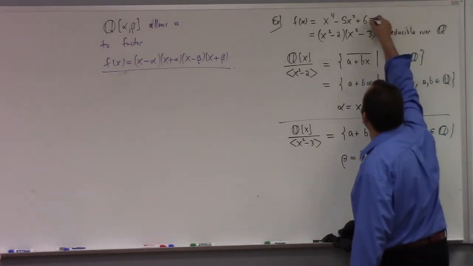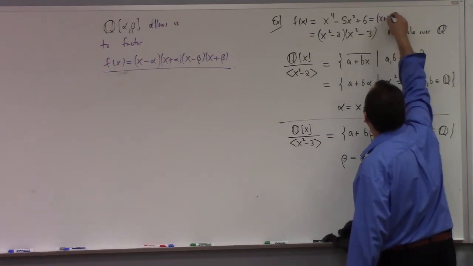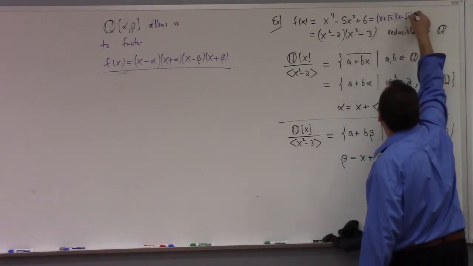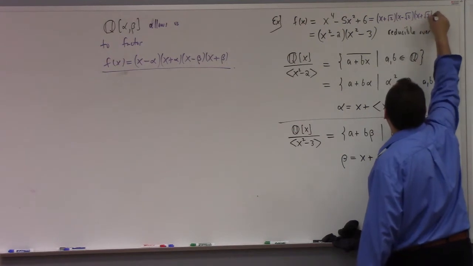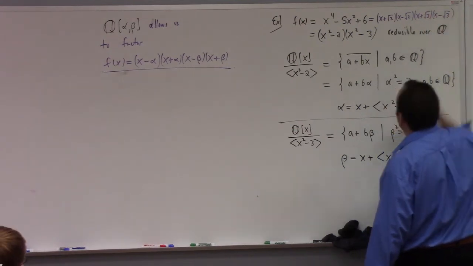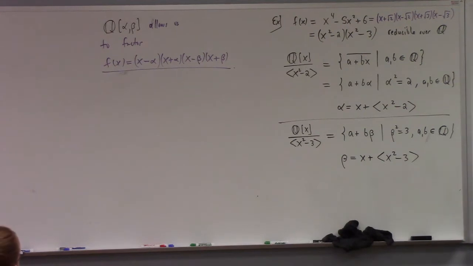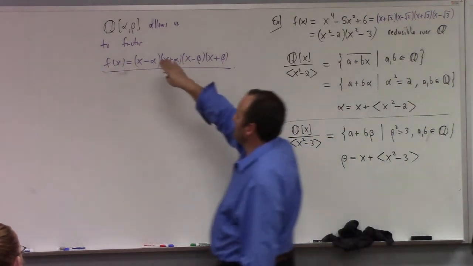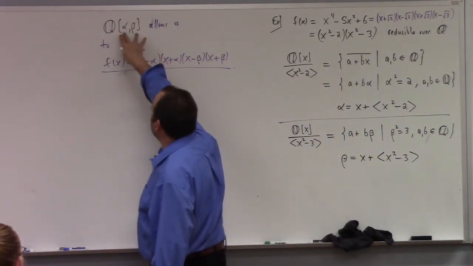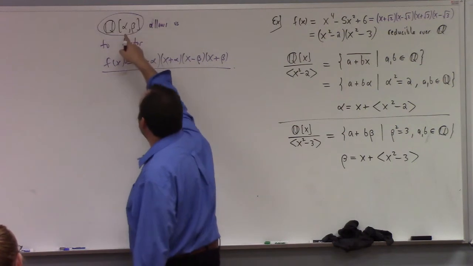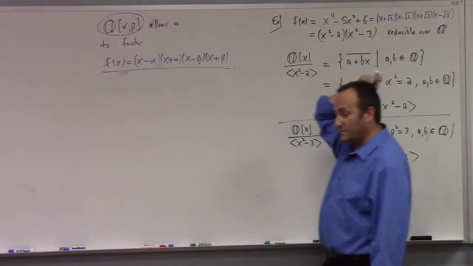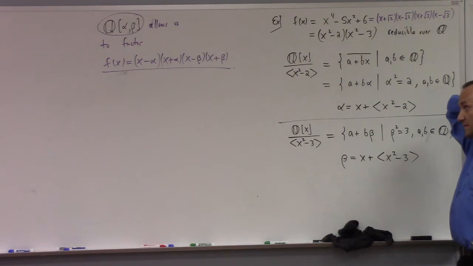I mean, no one should really be surprised that we can do this. What I'm trying to explain to you right now is how that happens by a pair of field extensions, one and then another. So this notation here, Q adjoin alpha, beta, is the smallest extension field of the rationals which contains both alpha and beta.